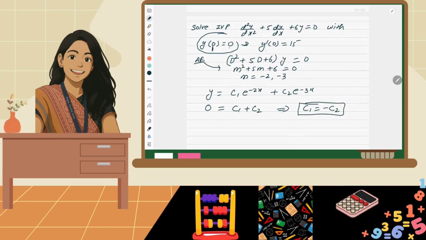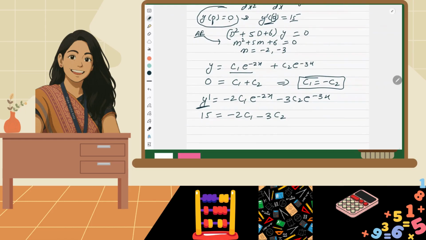Now the next condition is first derivative is 15 when x is 0. So let me first find out the first derivative. So what is y dash? Differentiate this: minus 2 c1 e to the power minus 2x minus 3 c2 e to the power minus 3x. And now the condition says that this derivative is 15 when x is 0. Correct?